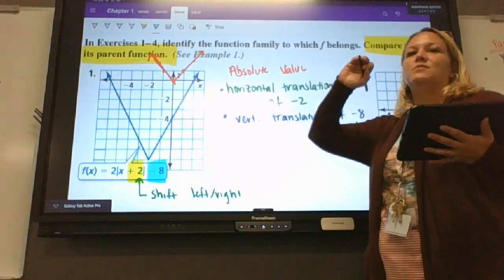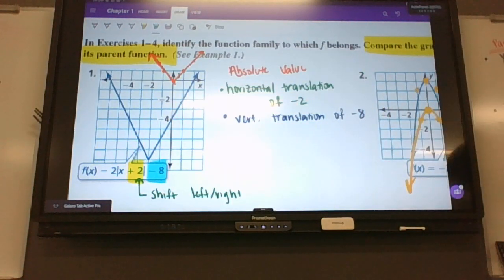What's the last one? There's one more. How is it different from the parent function? Leah? Slope of 2. I like how you called it a slope. It does. So we're going to call that a vertical stretch up 2, and Leah's absolutely right.